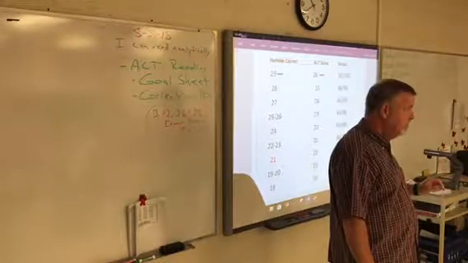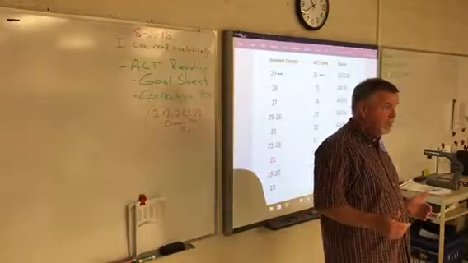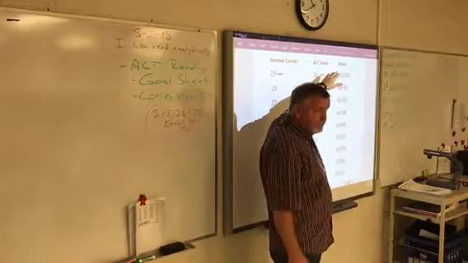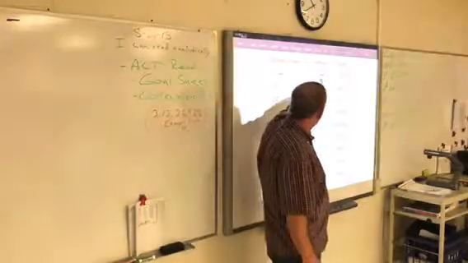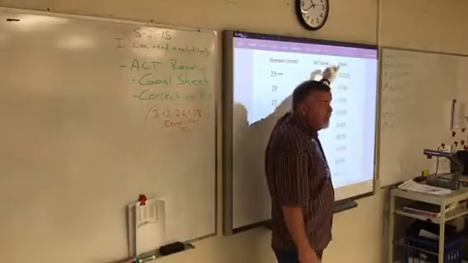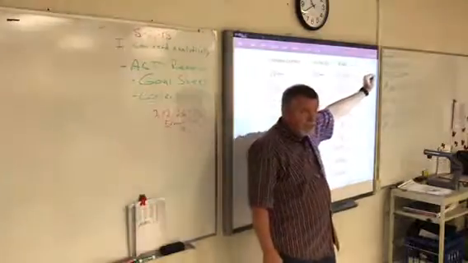You with me? That's not what we're all shooting for. We're shooting for way up here, something above 26, 26 or above, because now you're getting into A territory. You with me?